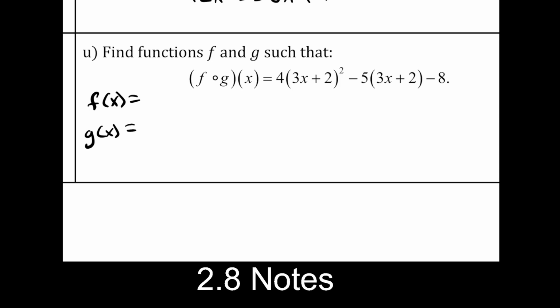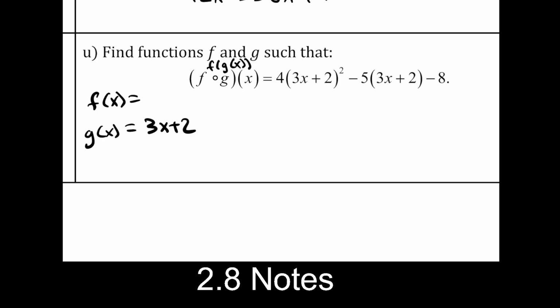So my inside function and outside function is the way I look at this, right? There's an inside function plugged in, and there's an outside function that's kind of eating everything else. My inside function in this case is going to be g, because the notation I like to use is f of g of x. So g's on the inside. My g of x is going to be 3x plus 2. That's the chunk that's plugged into the inside.